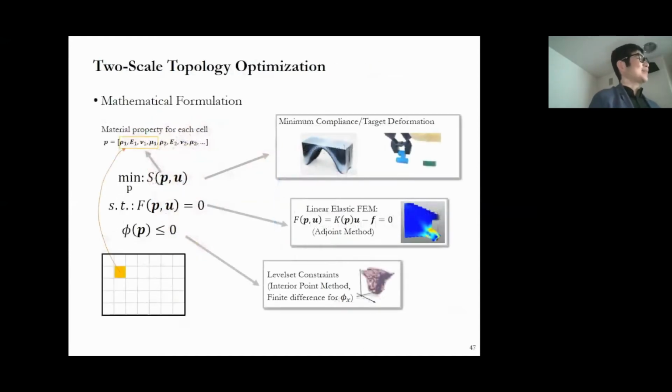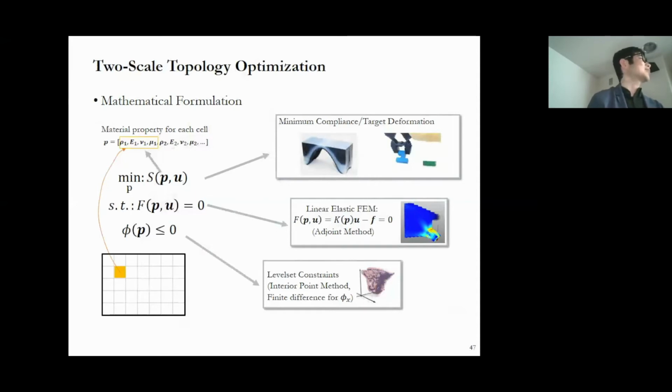And these properties can be used to formulate another type of topology optimization, which we call full-scale topology optimization. So now the building block, each voxel or grid, is not a single material anymore, but it is actually a microstructure we have 3D printed. Still, the mathematical formula is pretty much similar to the one I just showed for the standard optimization.